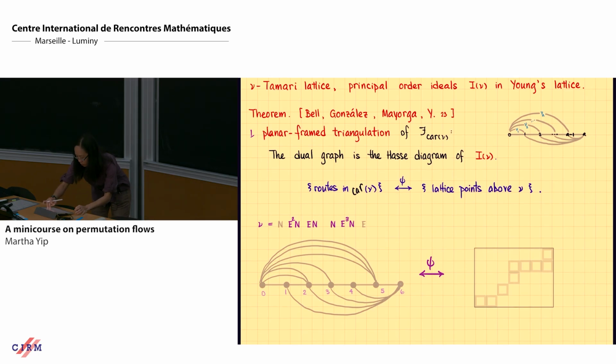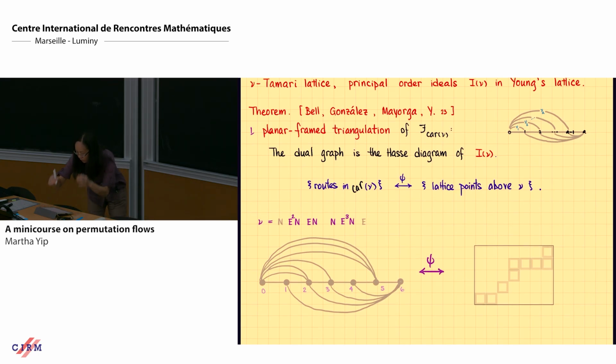Right, so here's an example. Nu here would actually be 2, 1, 0, 3, and I think the convention is 0, but it doesn't really matter. That last coordinate doesn't really matter.